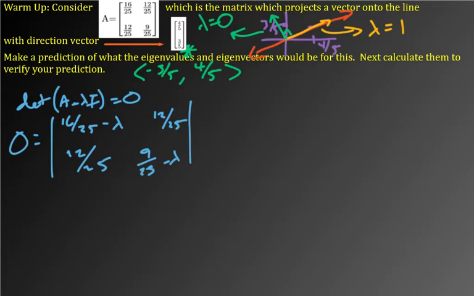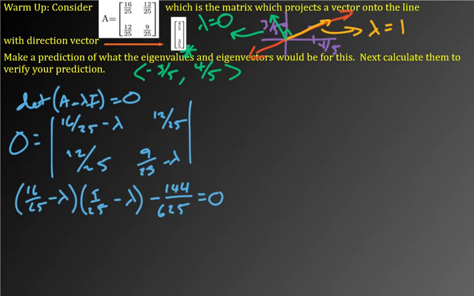If we compute that determinant out, we're going to get this, and then that's a 9 right there. Then if you multiply this out some more, you'll get this.